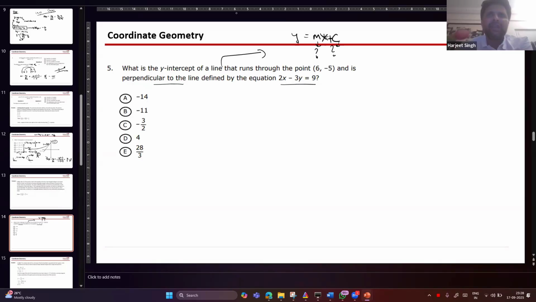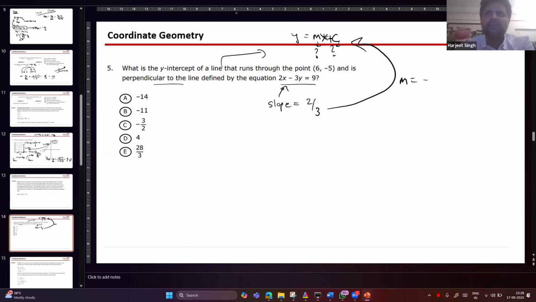We know m from this because they're saying it's perpendicular to the line defined by this equation. What is the slope of this equation? 2 by 3, yes. So what is the slope of this line?